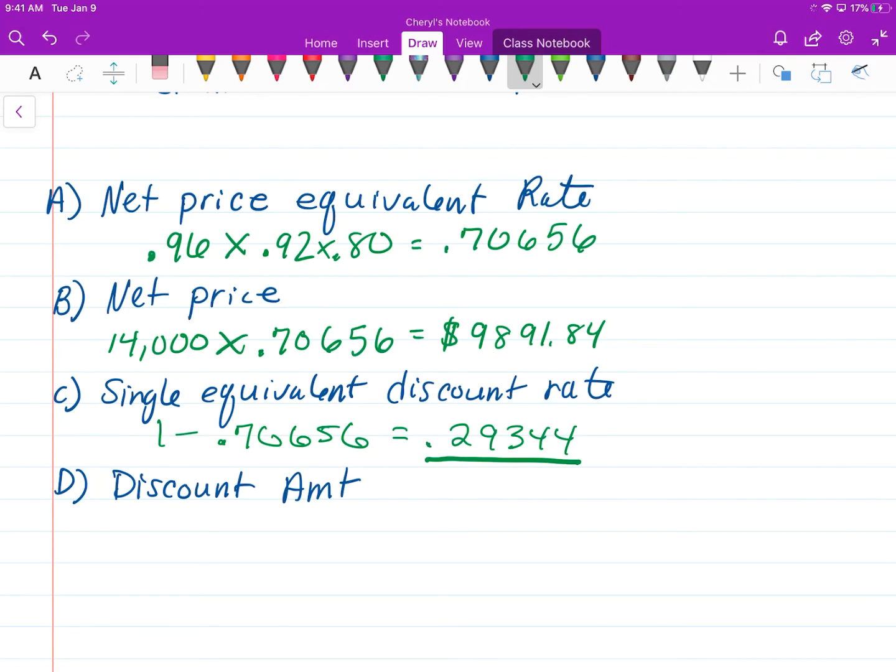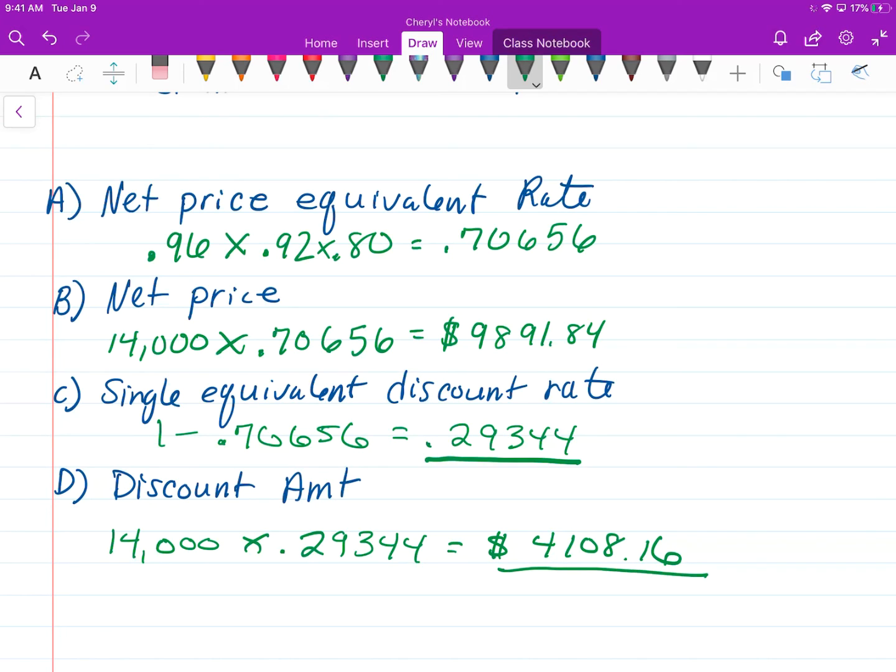So to find my discount amount, I'm going to take my list price, which is $14,000, and I'm going to multiply it by 0.29344. When I do that, I get $4,108.16. So this is the amount of my discount. That's one way to do it. Once you know what your net price is, you can find the difference, and that should be the amount of your discount.